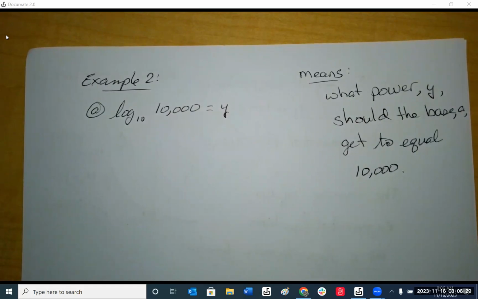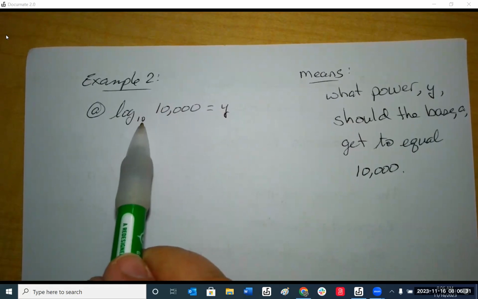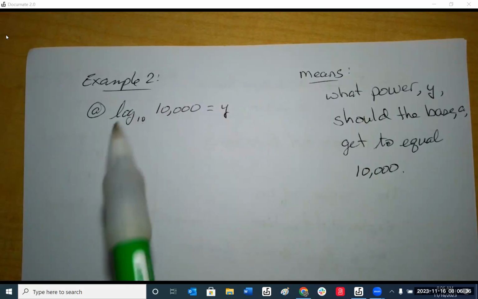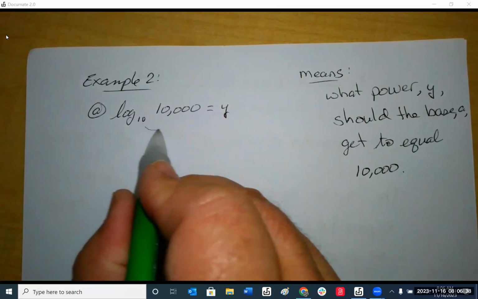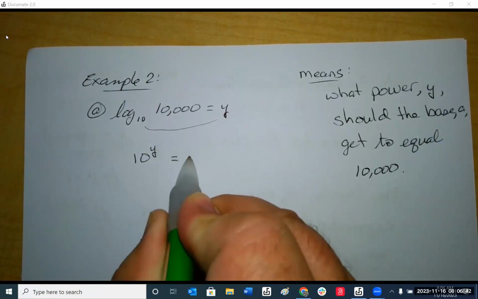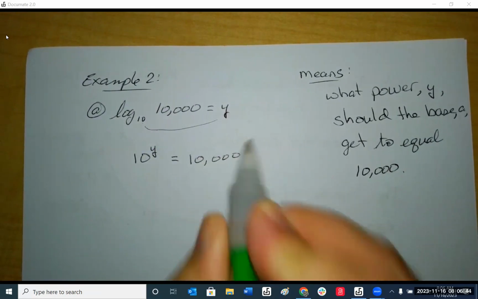That's what a logarithm means, what power should 10 be raised to equal 10,000, which is when we convert these, we get 10 to the power y equals 10,000.